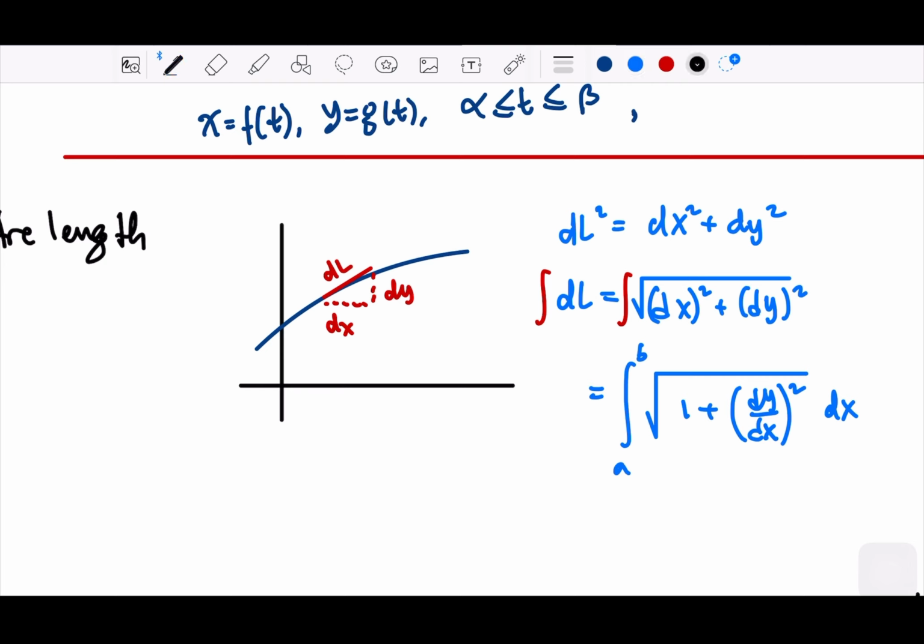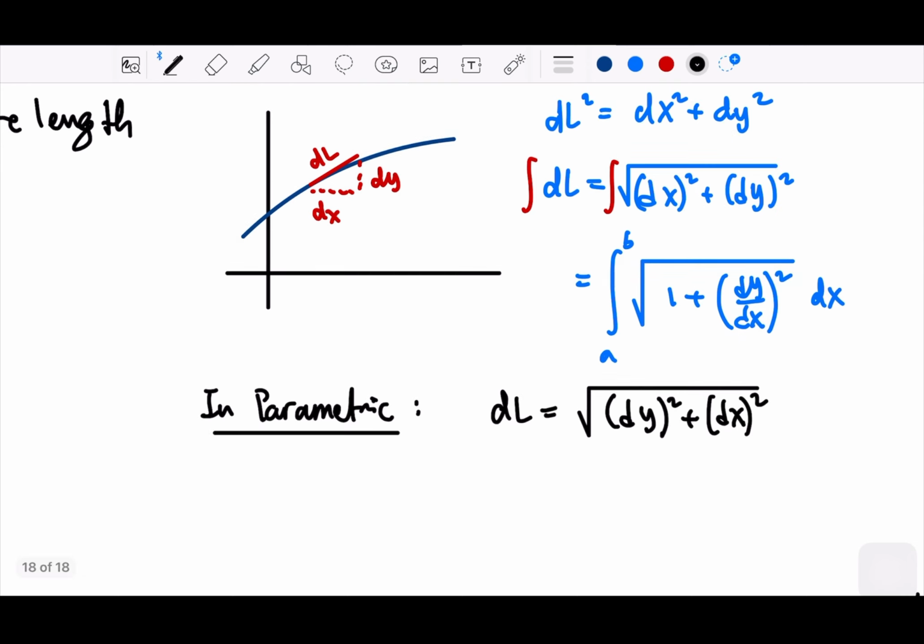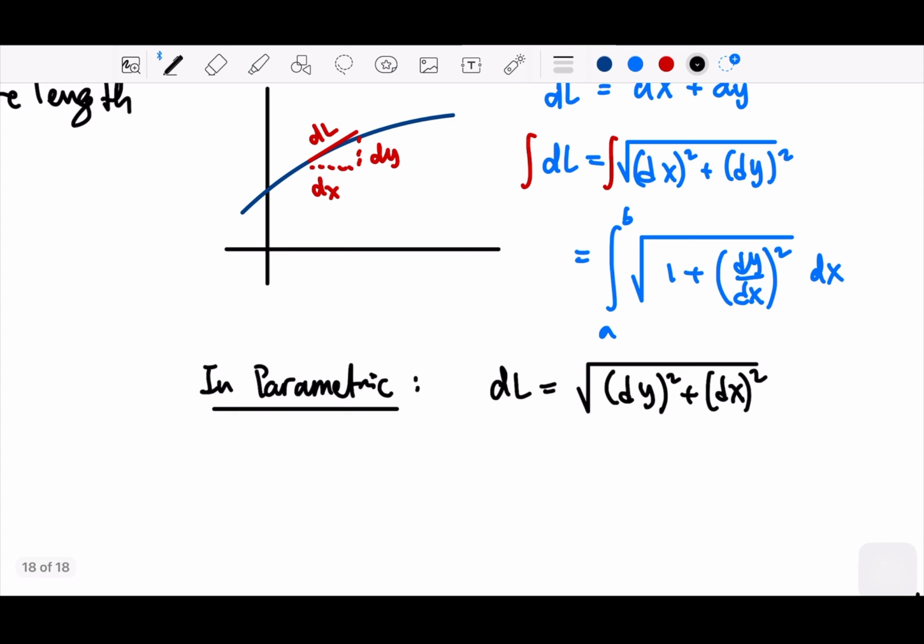Now in parametric, suppose this is the same dl that we have, or maybe let me write the dl first. dl is the square root of, okay. Now let's say we are going to integrate this.